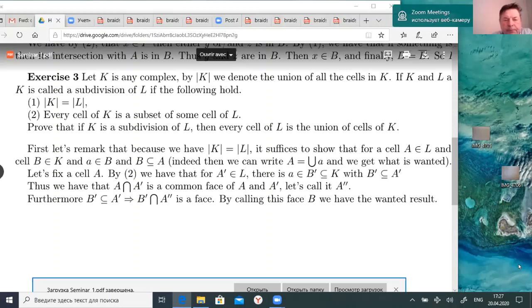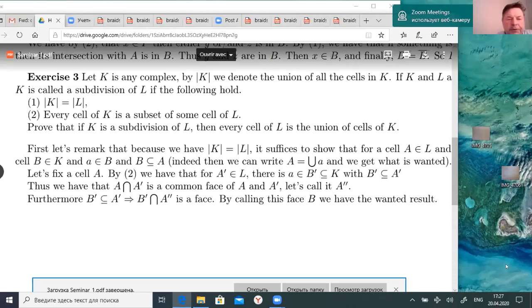We have that the intersection of A and A prime is just the common face of A and A prime. So this face we call A double prime. Furthermore, B prime is included in A prime. That means we will also have an intersection between B prime and A double prime, and it's also a face by definition. We can call this face, the intersection of B prime and A double prime, B, and this gives us the result that we want.